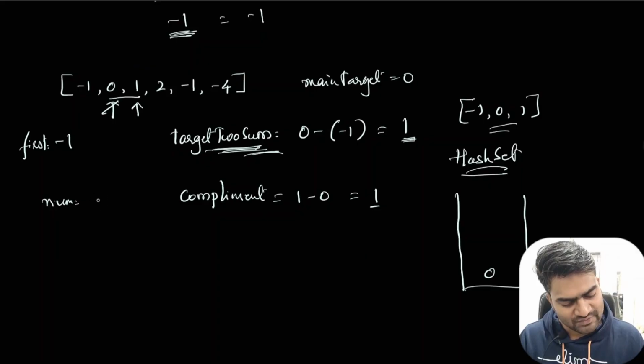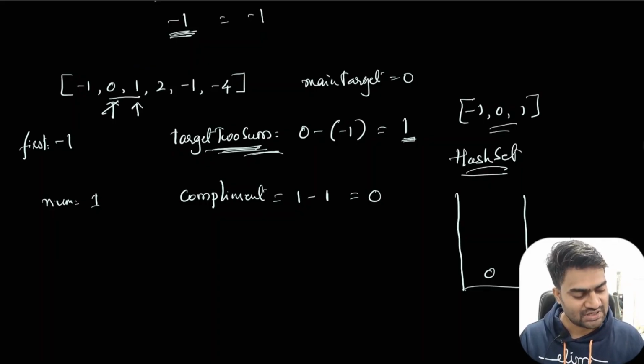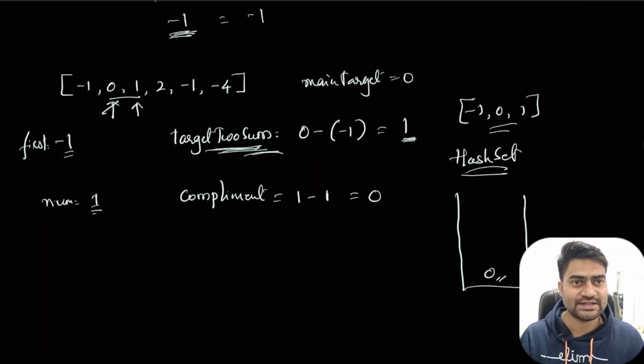Now my next number will be 1. So my complement will be 1 minus 1, which gives us 0. Now if you see, 0 is there in the hash set. So it means I found two numbers which give this target sum. Now I will take this particular number, my first number, and whatever value is in my hash set to find the triplet.